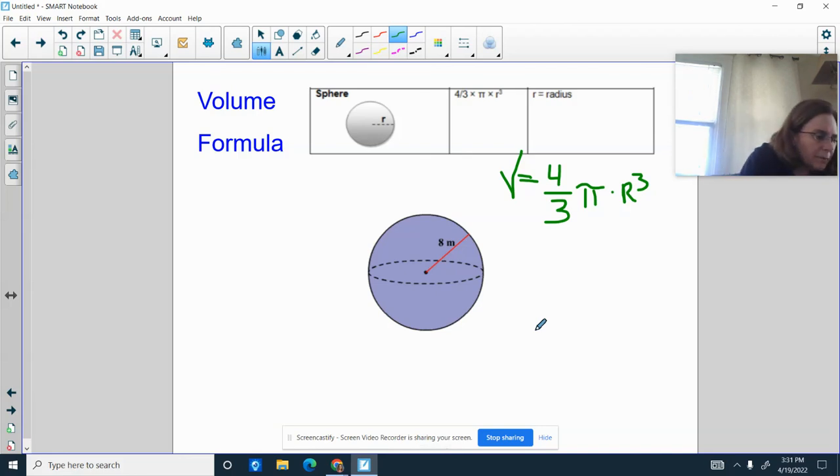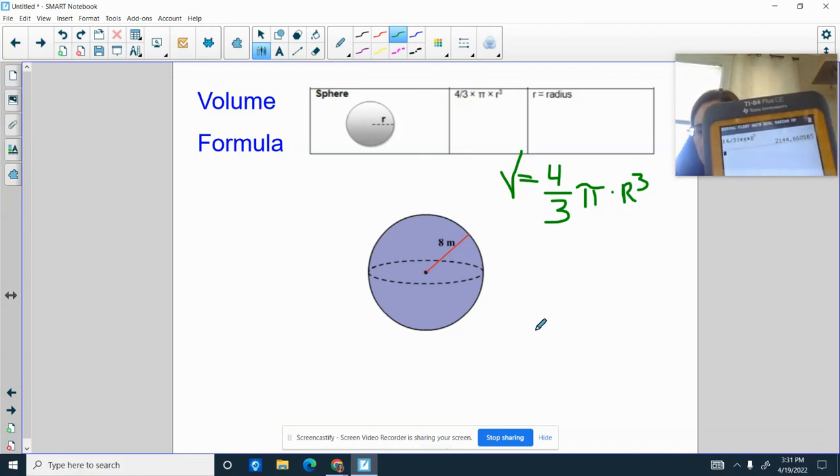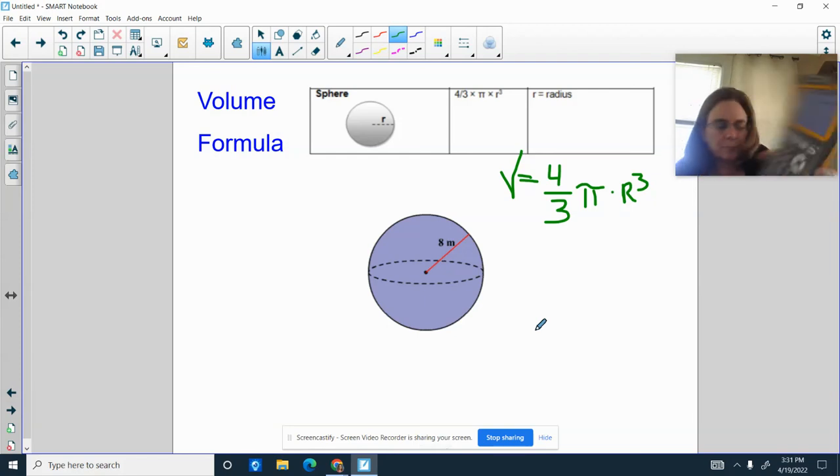All right, so once I put those in, 2144. There we go. 2144. I'll go to the hundredths place on this one. So 0.66 or 66 hundredths.